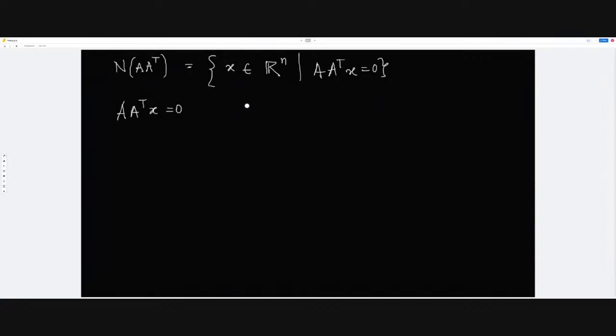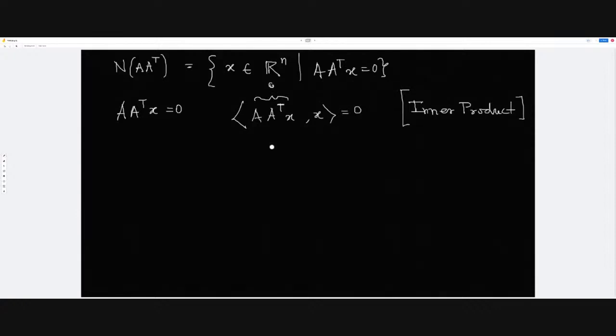Now the inner product structure will come into the picture. I have the inner product of A transpose X with X, and this is also 0. This is just the very basics of inner product spaces, nothing too much. Because this is always 0, the inner product is 0.